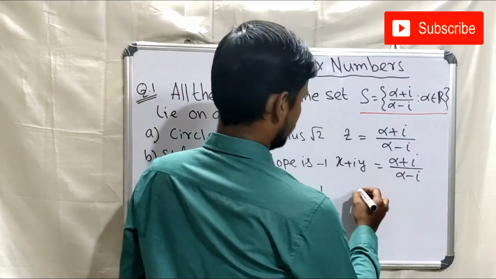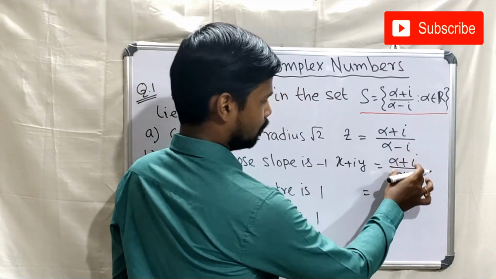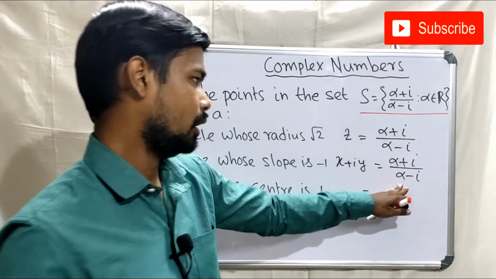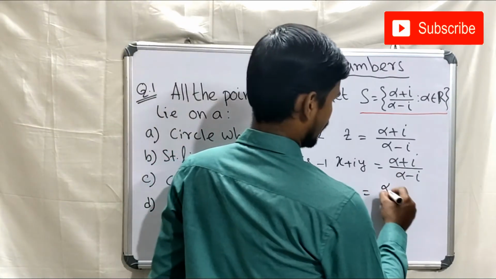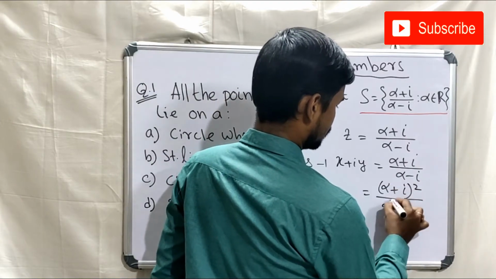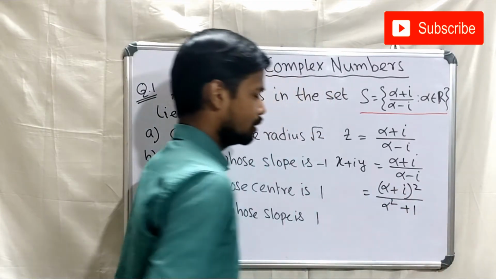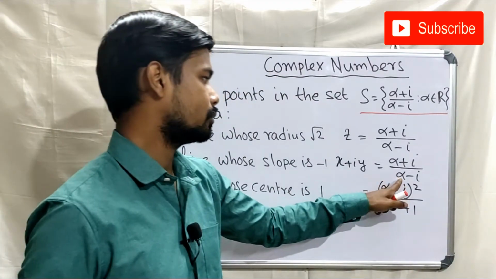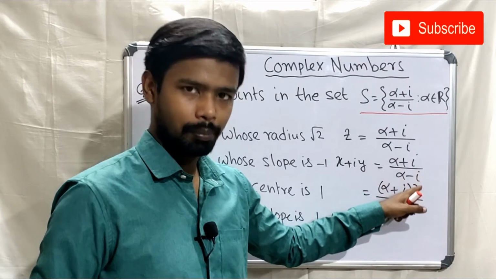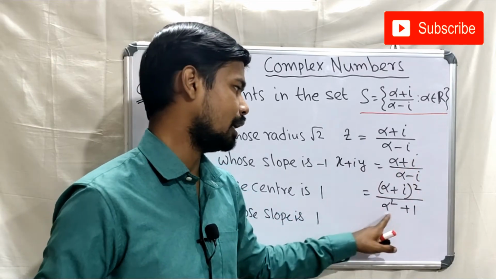If we multiply by the conjugate of the denominator, we get (alpha plus i) whole square by alpha square plus 1. Okay, (alpha minus i) into (alpha plus i) gives us alpha square minus i square, which is alpha square plus 1.